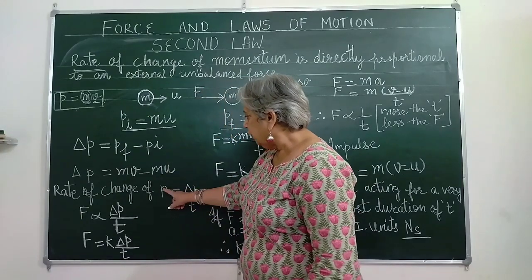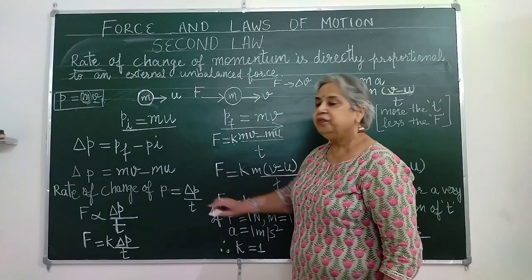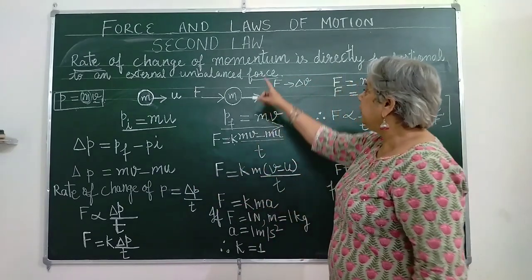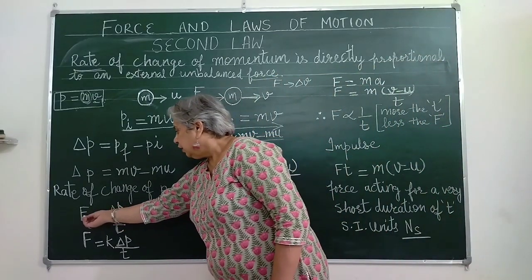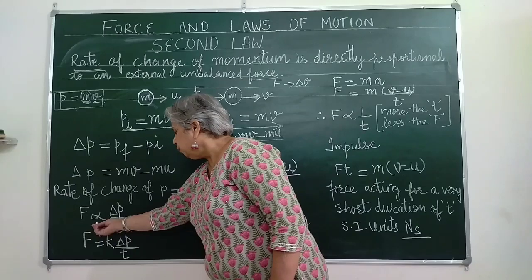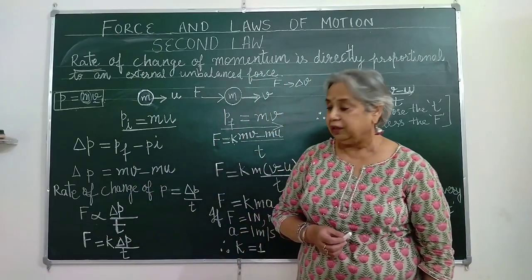So rate of change of momentum will be delta p upon t. So now we can say that Newton's second law states force is directly proportional to the rate of change of momentum.